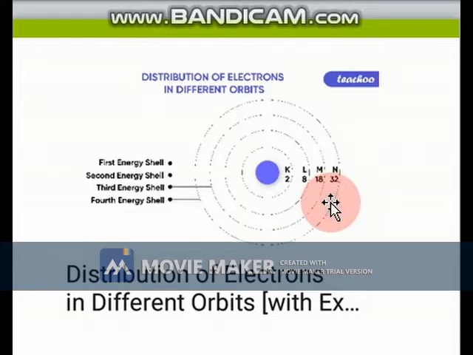The first shell closest to the nucleus is referred to as the first energy level. The one following it is the second energy level, through to the fourth energy level. So this is the distribution of electrons in different orbits.